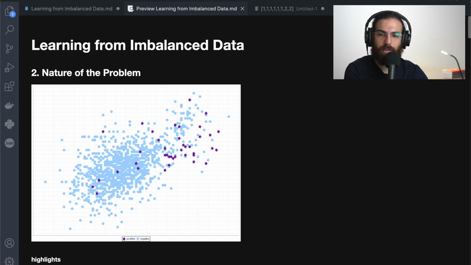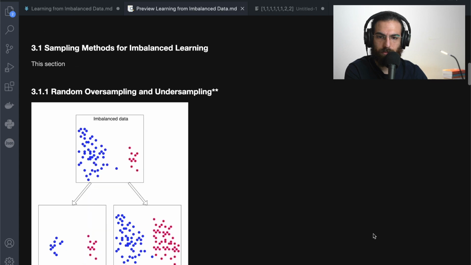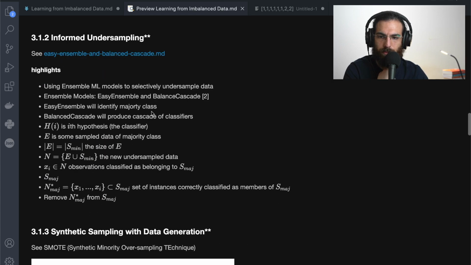For example, if I take you down to section 3.1 and 2, for the undersampling method, here we're talking about two machine learning models. You would use them in combination, by the way. There is Easy Ensemble, and then there is Balanced Cascade.